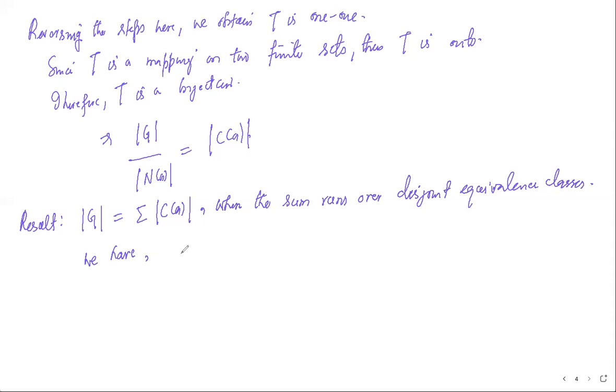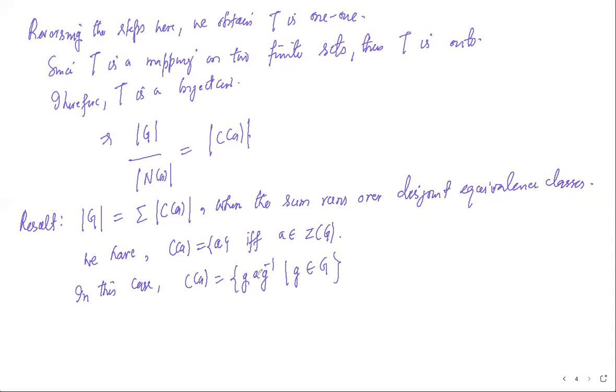We have the class of A is equal to a set containing just one element if and only if A belongs to the center of G. And this result can be trivially proved because in this case, the class of A is equal to {g a g inverse such that g belongs to G}, but when A is in the center of G, this is equal to {g g inverse a, such that g belongs to G}, and this is equal to A. So therefore, the class of A just contains one element A if and only if this element A is in the center of G.